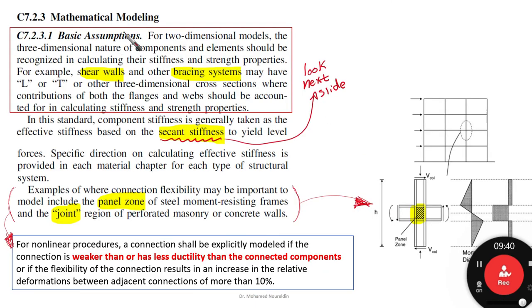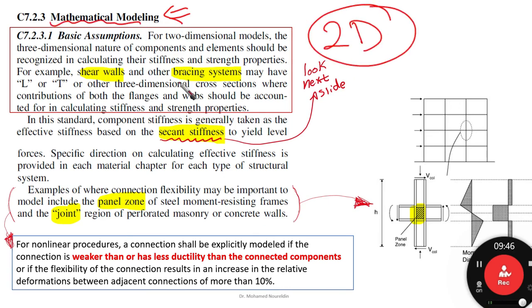This is again related to mathematical modeling using two-dimensional analysis. We need to take care of this whenever we are using two-dimensional models. Remember well that if we have 3D components like L or T-shaped components, we need to take them into consideration.